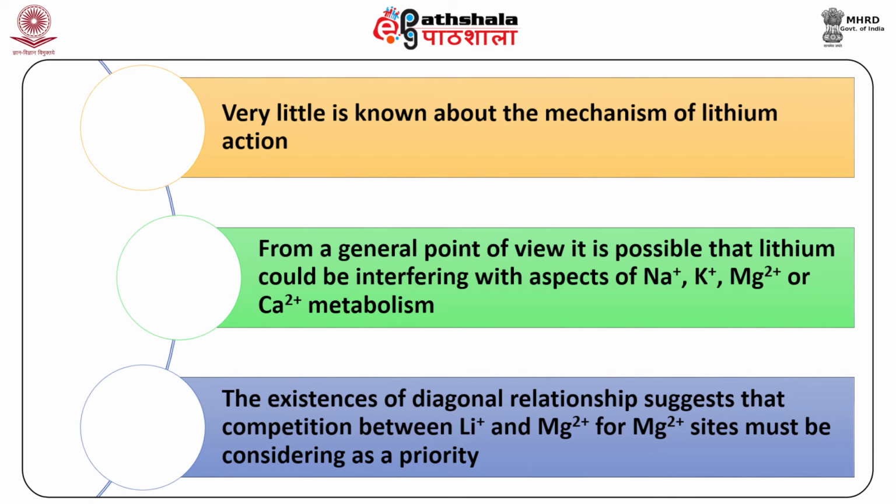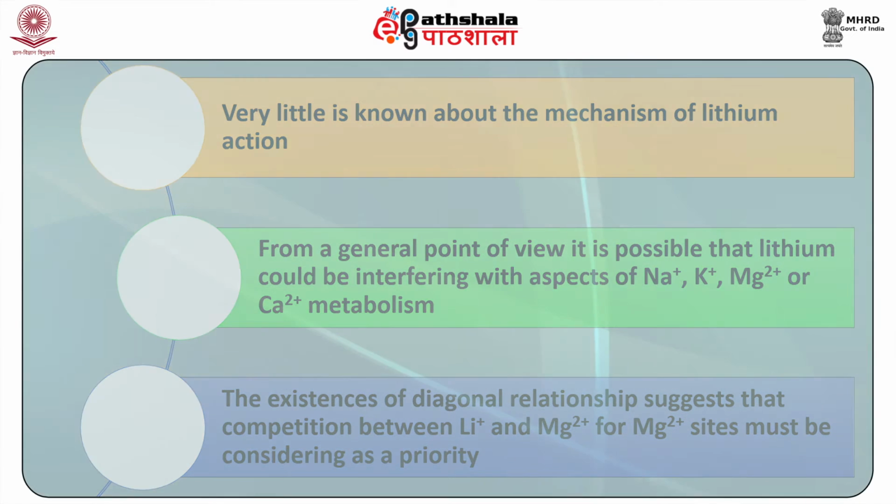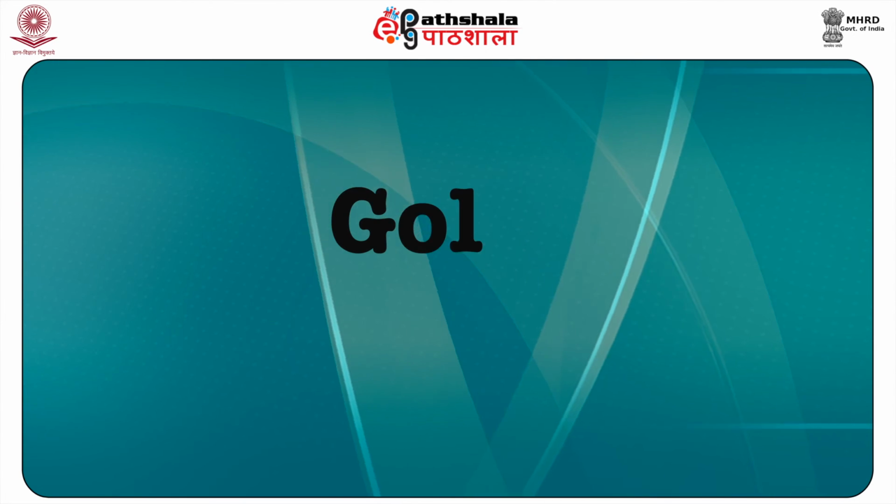From a general point of view, it is possible that lithium could be interfering with aspects of sodium, potassium, magnesium, calcium metabolism. The existence of a diagonal relationship suggests that competition between lithium and magnesium for magnesium ion sites must be considered as a priority. Gold.